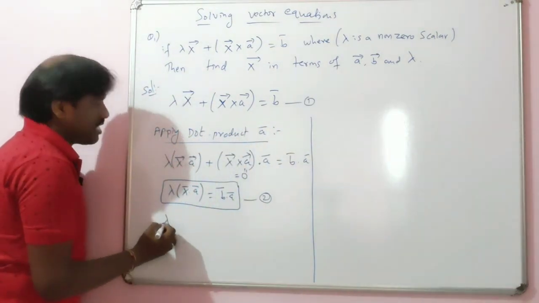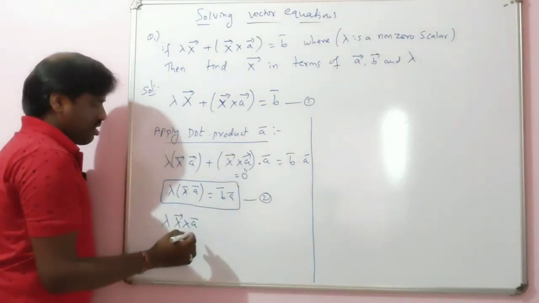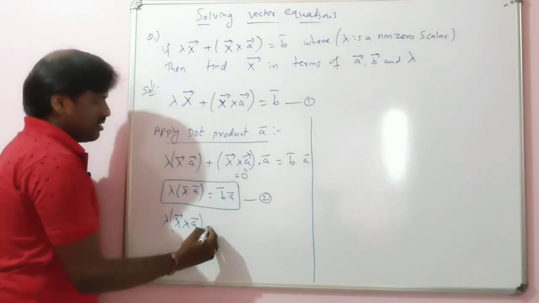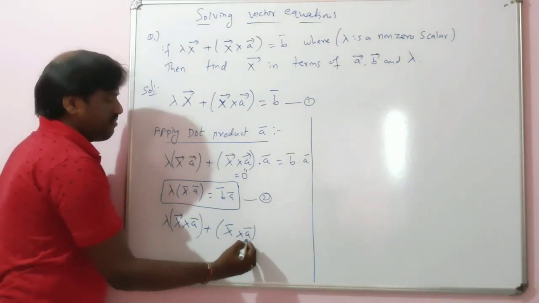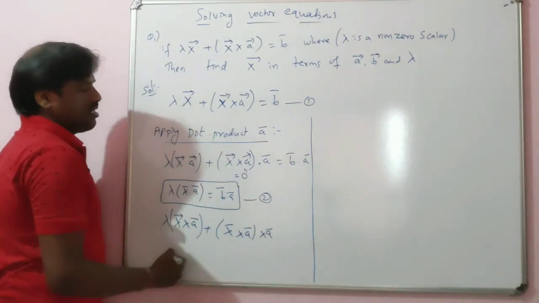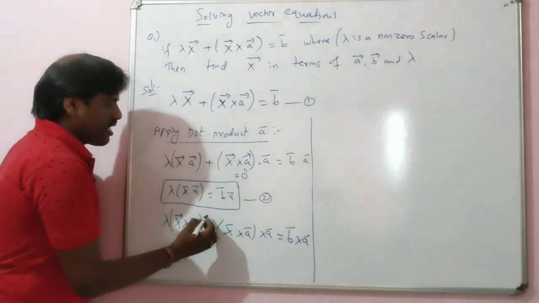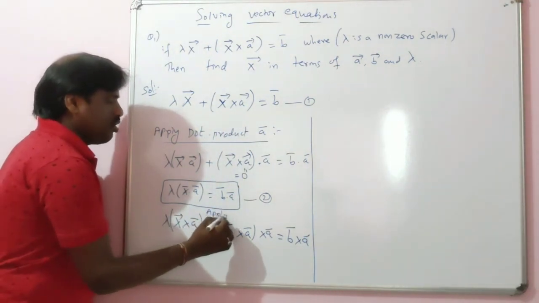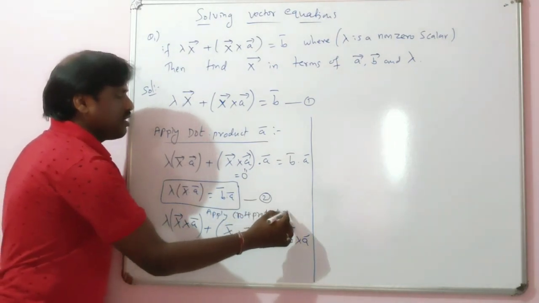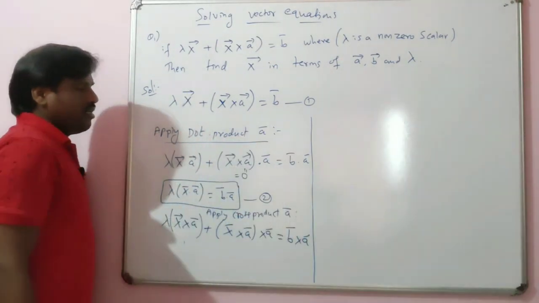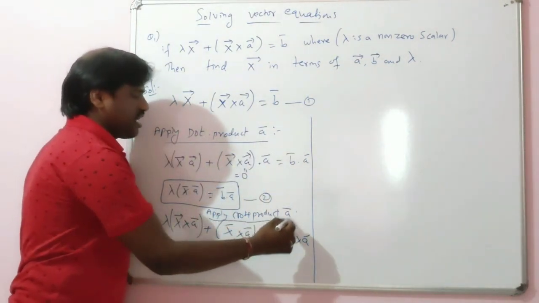So what I get: lambda times x vector cross a vector, plus x vector cross a vector cross a vector, is equal to b vector cross a vector. What I did here: if I applied dot product with a vector earlier, here I am applying cross product with a vector.